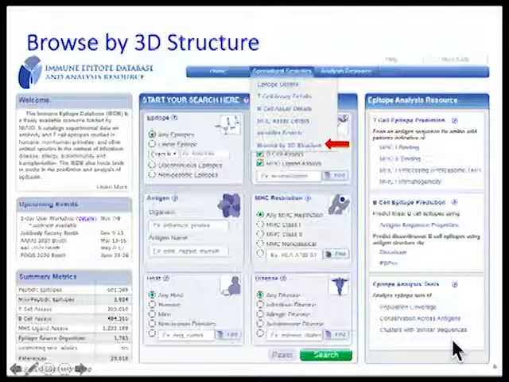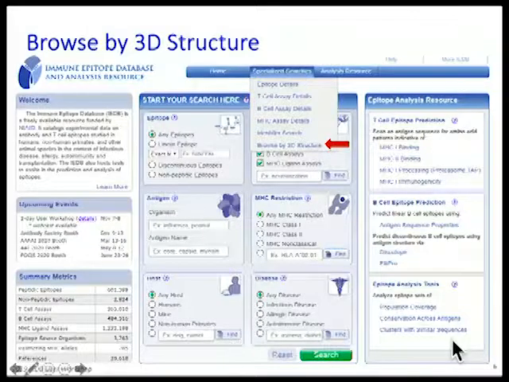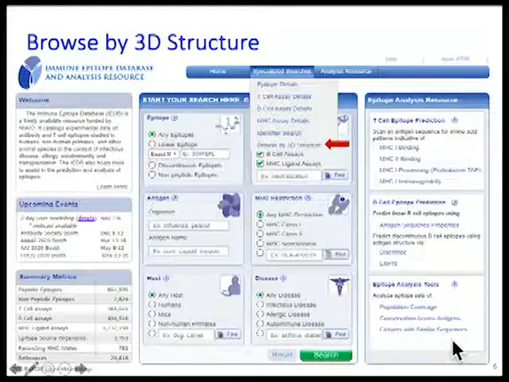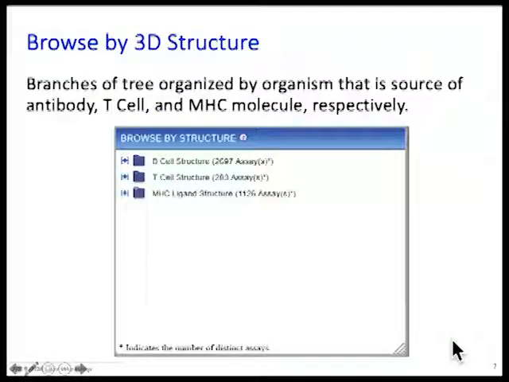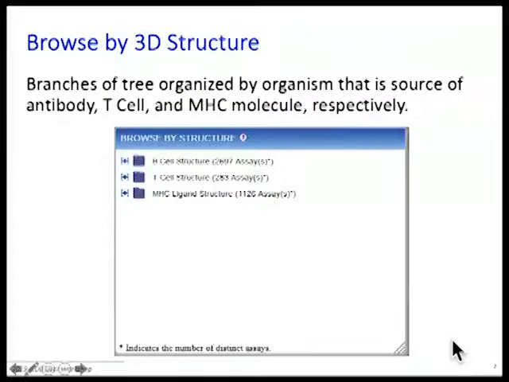You also just saw our 3D browser, this internal tool that allows you to visualize when there has been a 3D structure involving an epitope curated. So there's another way to get at these, by a browse function that's available from this menu. This browse is organized as a tree that has three high-level branches: B cell, T cell, and MHC ligand structure.